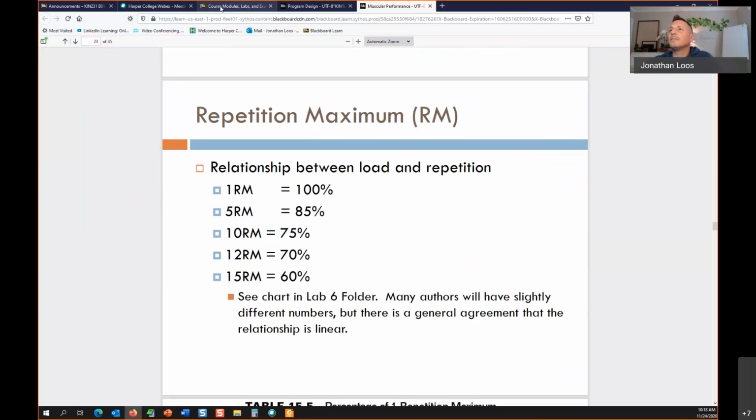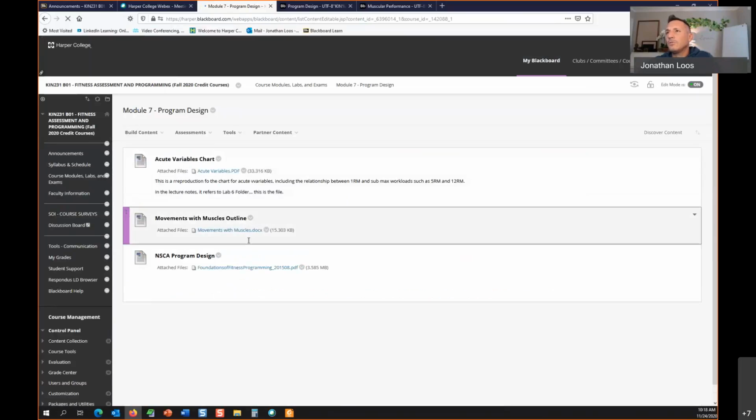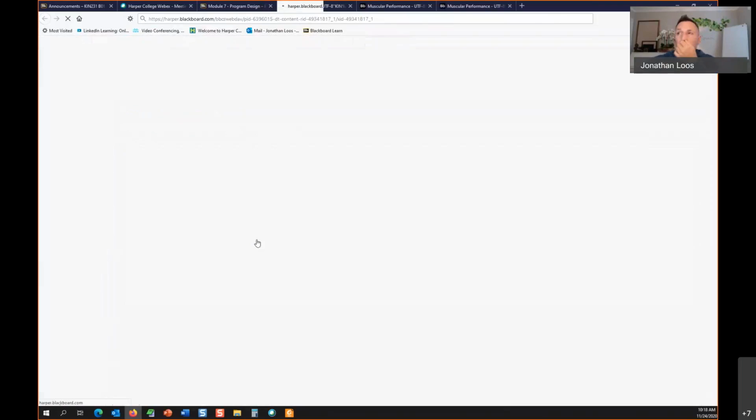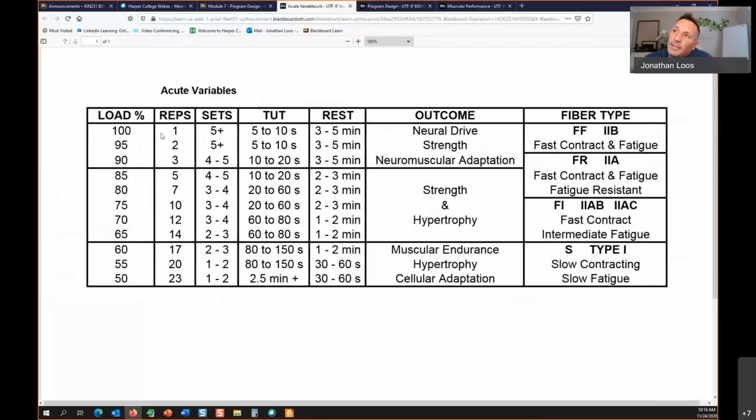We would see how close we were, and we would do a couple exercises: the lat pull down, squat, and bench, or some of the other exercises like leg press, or some of the single joints, so it's not so complicated in terms of neural output. And what you would see is a quasi linear relationship. We're pretty close when I do this every semester. What you can do for 10 reps is 75%. It matches up pretty nicely.